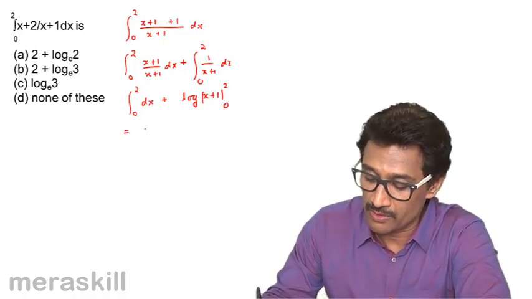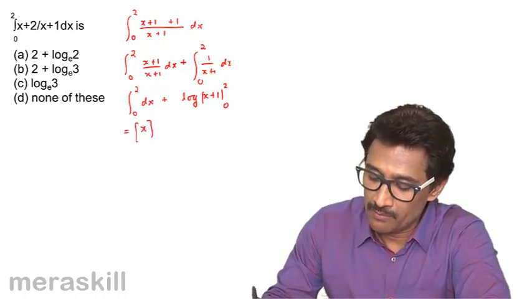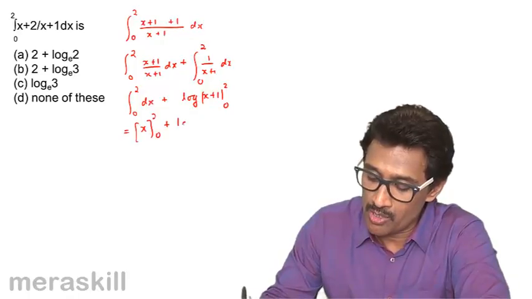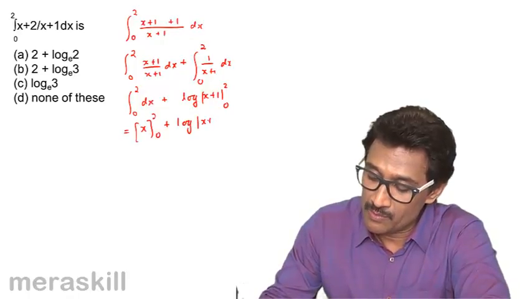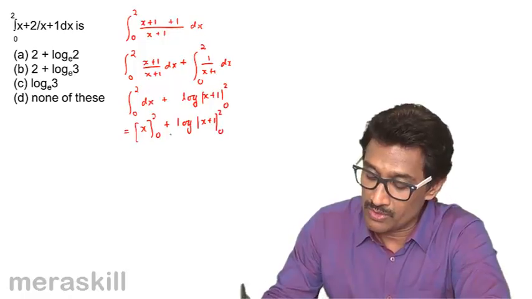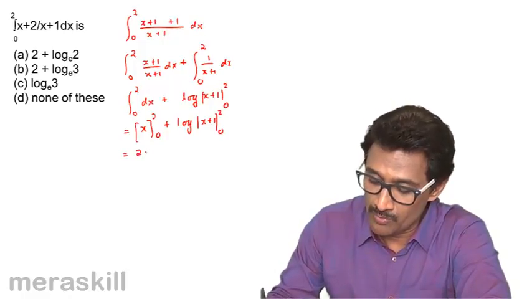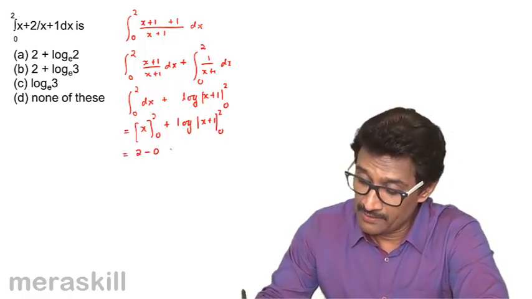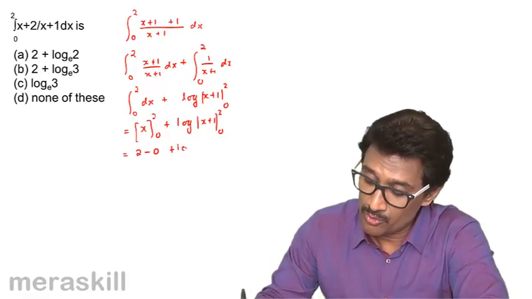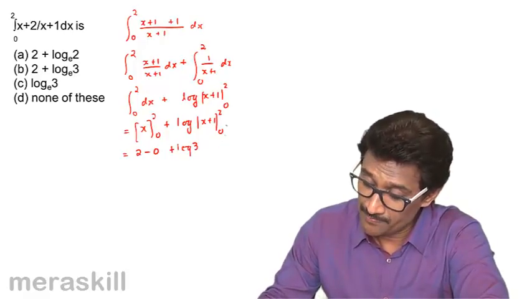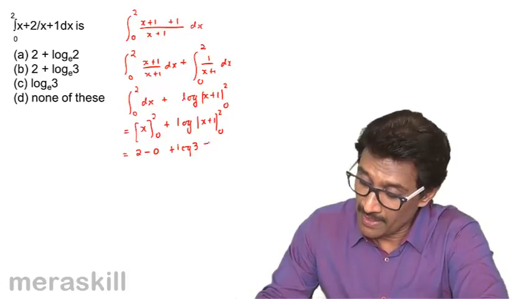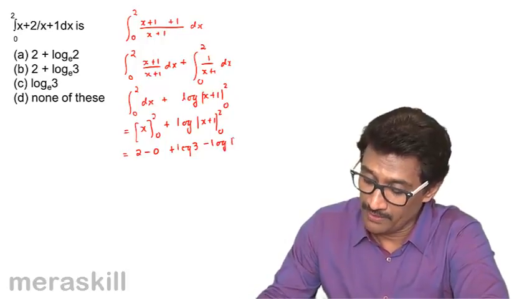This, of course, is turning out to be x from 0 to 2 plus log of x plus 1 from 0 to 2, which is going to be 2 minus 0, plus log of 2 plus 1, which is log 3, minus log 1.